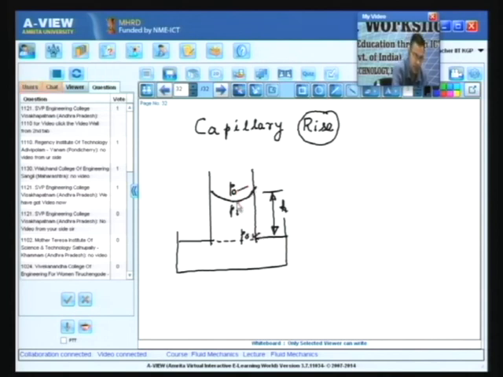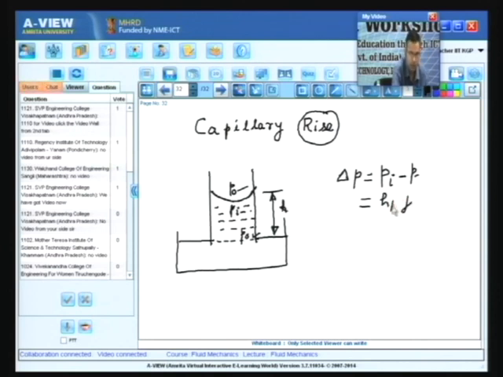That means, if you consider the liquid, then you can say that delta P is equal to PI minus PO, and that is nothing but h into rho into g.